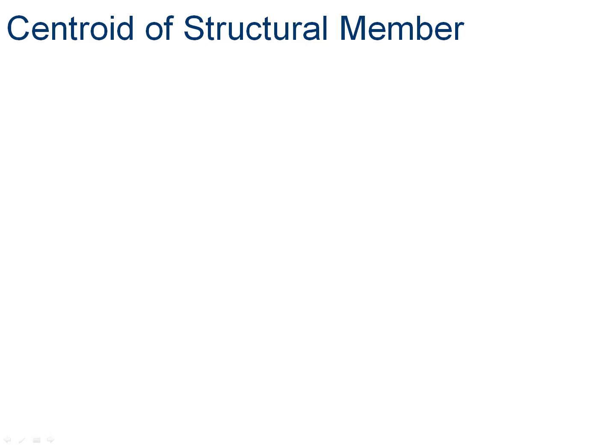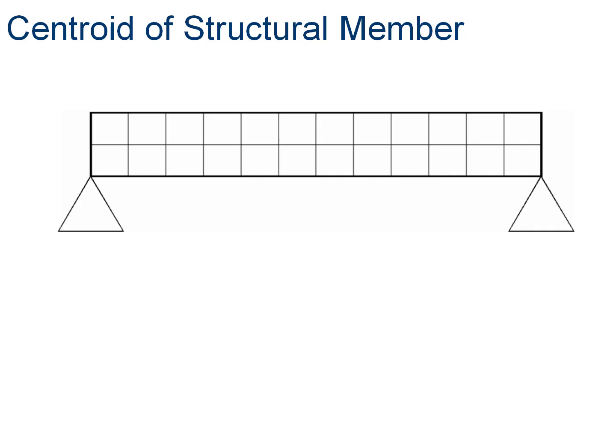If the member is subjected to bending and the stresses remain in the elastic range, in other words, we don't go beyond where we deform the material, then the neutral axis, looking at it from the end, or the neutral plane in 3D, passes through the centroid of the section, the middle of it. So that centroid is always located on the axis of symmetry. For a simple rectangle, the location of the centroid is at the intersection.